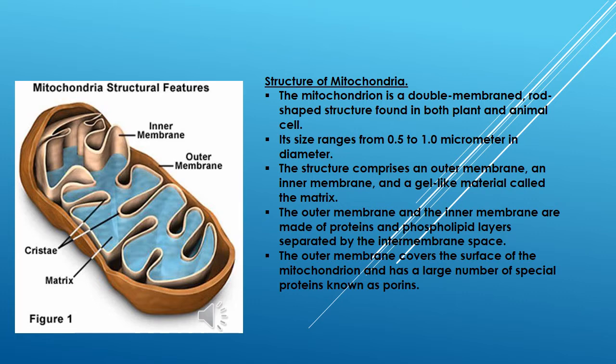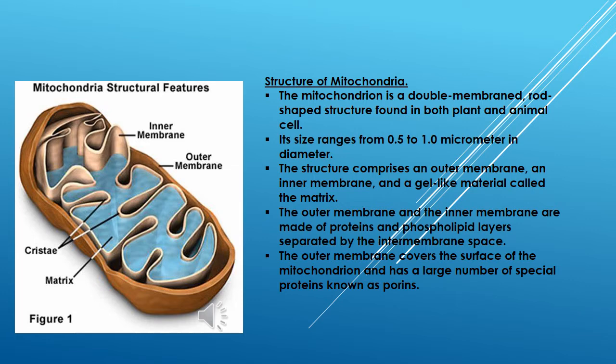Now, why energy currency? What is currency? Currency, जैसे आपके पैसे होते हैं हम उनको करेंसी कहते हैं. You can deposit your currency in a bank and use it in the future. You can withdraw your currency from the bank and spend it, उसको खर्च कर सकते हैं, whenever you want.